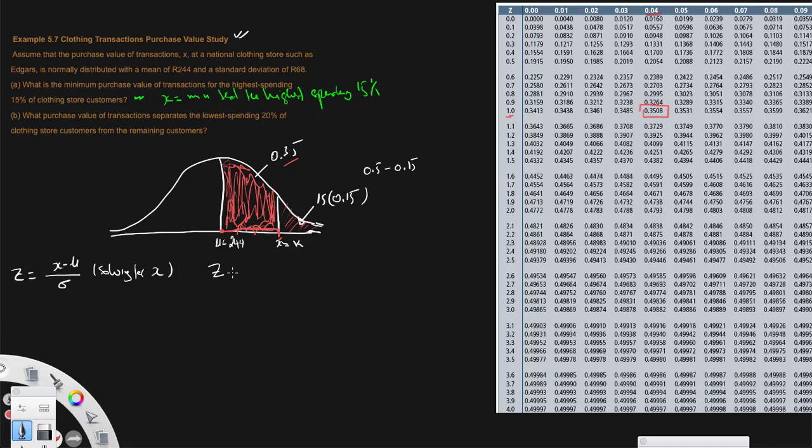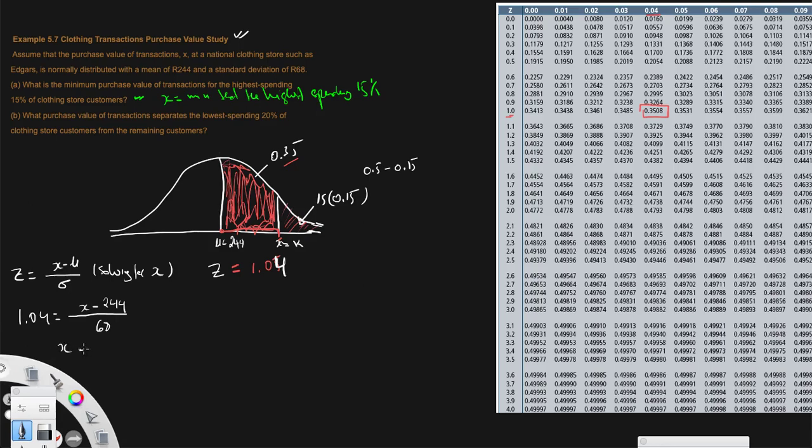And now I'll say that my z is equal to 1.04, like what we've been doing with our previous exercise. Now I can rewrite everything. It's a 4 here. So 1.04 is equal to x minus 244, and I'm going to divide that by 68.